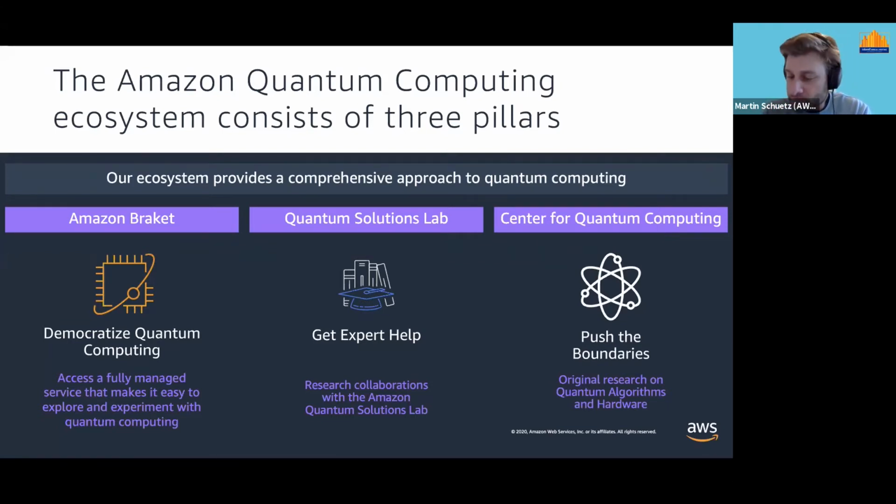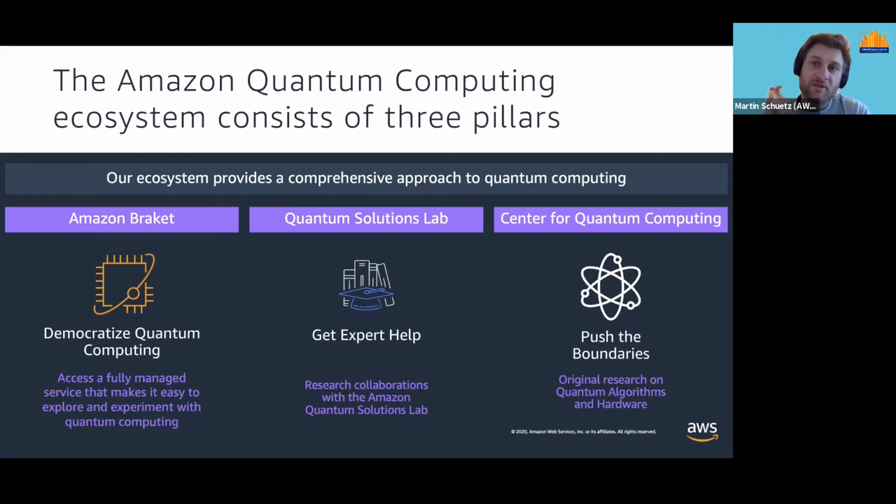So you can have access to quantum computers based on ions, quantum computers based on superconducting qubits, and special purpose machines tailored towards optimization, again based on superconducting qubits, along with state-of-the-art simulators that help to simulate quantum mechanical behavior on classical devices. All of that fully managed to make life as easy as possible and get started very quickly for our customers.